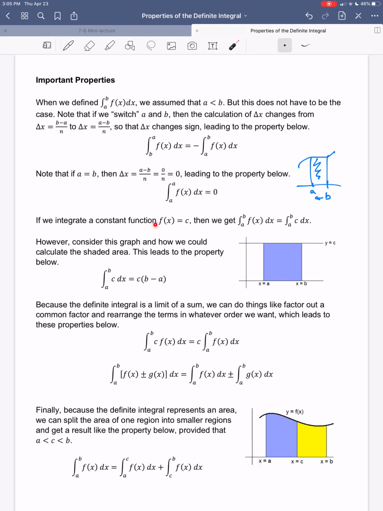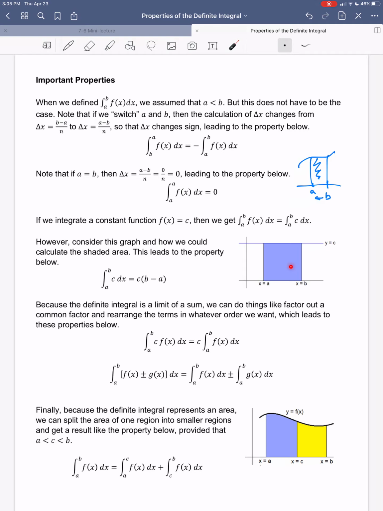If we integrate a constant function, f of x equals c, then the integral from a to b of f of x is just the integral from a to b of c. However, think about this graph. If f of x is equal to c, the graph of that function would just be y equals c, which is a horizontal line. And if I'm doing the integral from a to b, then I'm finding this shaded area.